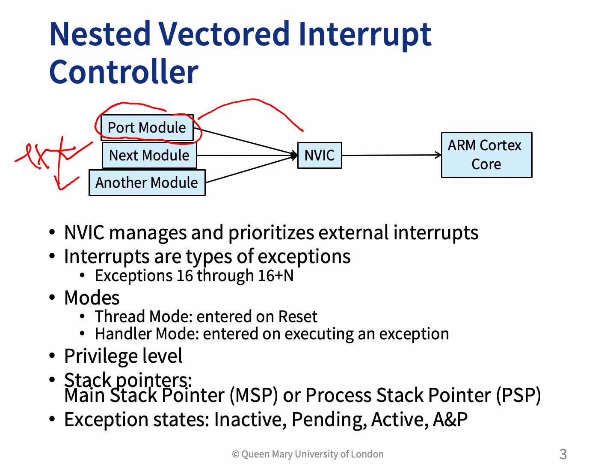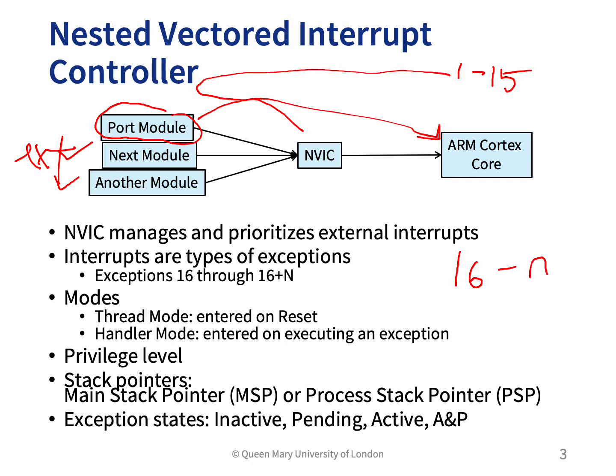To deal with the internal interrupt, it starts from 1 up until 15. That is the interrupt within the ARM processor core itself. Then from 16 up to N, we can have the interrupt that is going to respond externally, right?